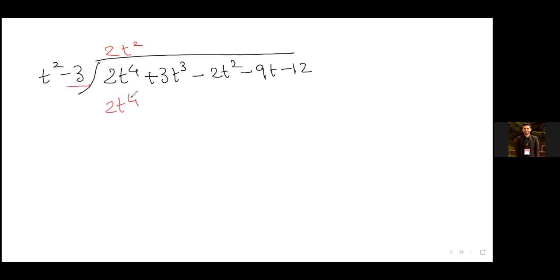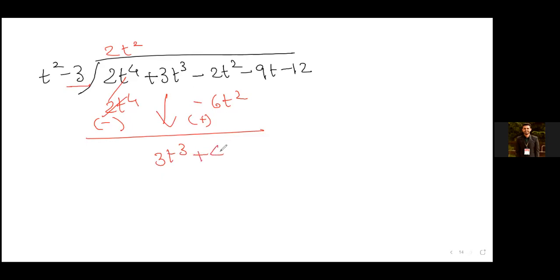Here it is 3, so when we multiply to this, we get minus 6t square. Reversing the signs, this gets cancelled. Write it here, 3t cube plus 4t square minus 9t minus 12.